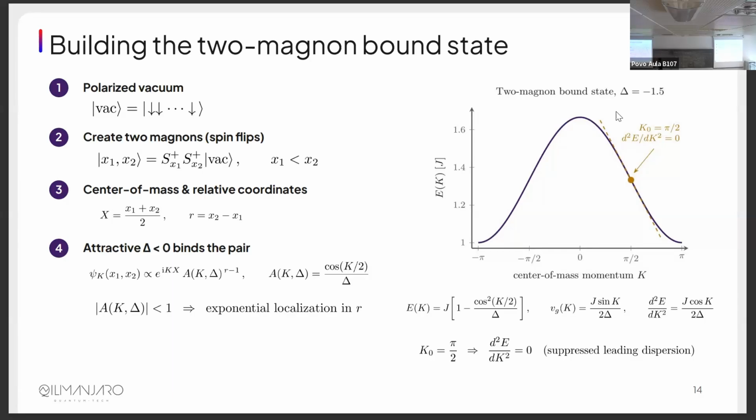We also need to select carefully the momentum of our quasiparticle. As we know, with the Bethe ansatz dispersion relationship, we are going to select a momentum of pi half, where the particle has no dispersion, so the second derivative of the energy is zero. We will have a very pointed particle that moves without dispersion.